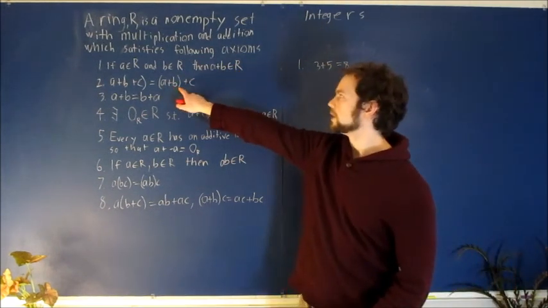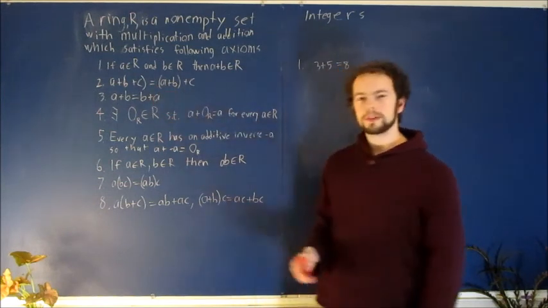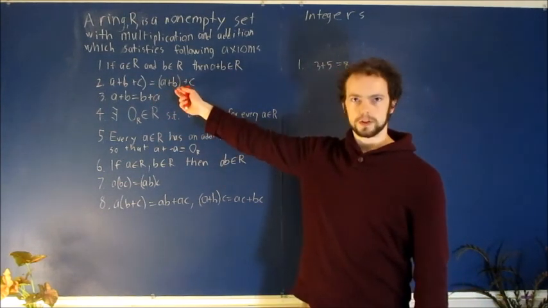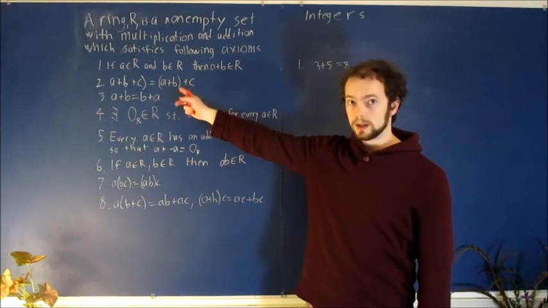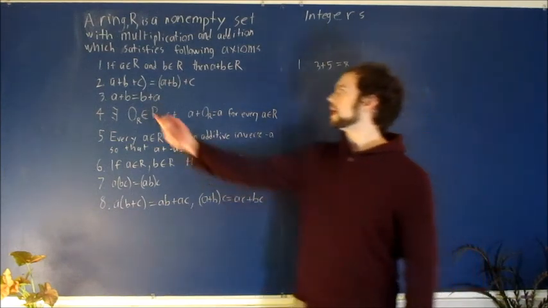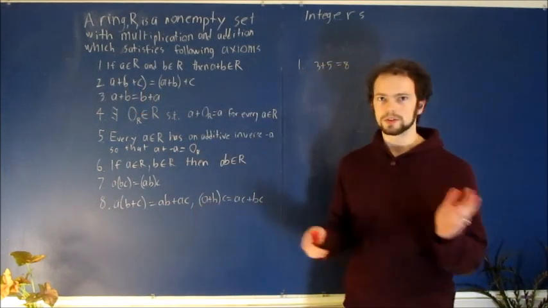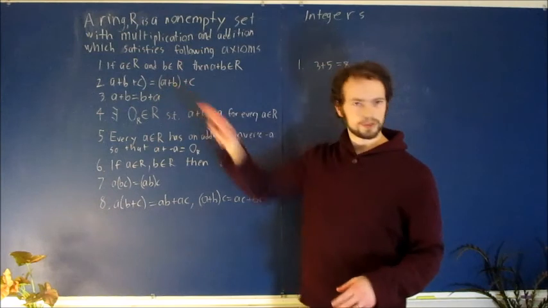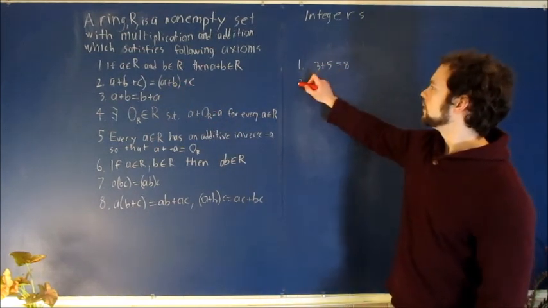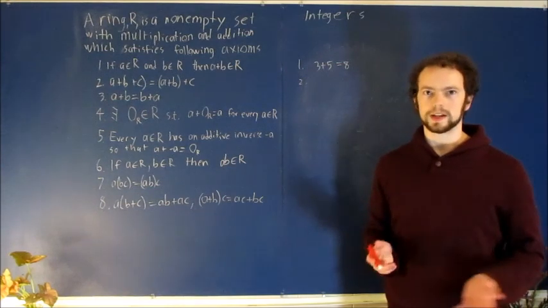The second condition here should be familiar from high school algebra. This is called the associative property of addition, right? It just means that if we are adding 3 things, it doesn't matter whether we add the second 2 first or the first 2 first, right? The integers pretty clearly satisfy this, right?